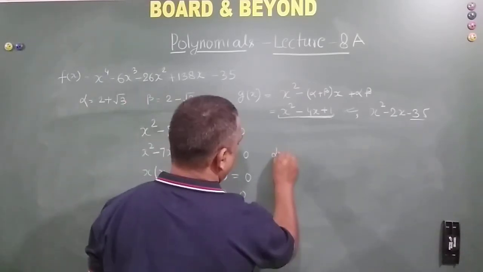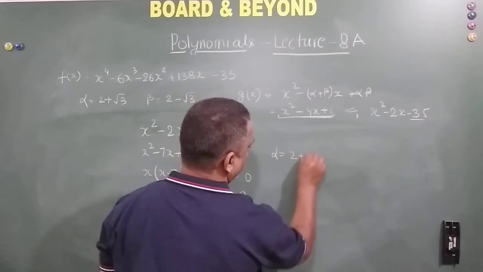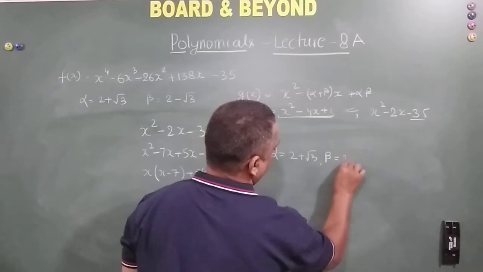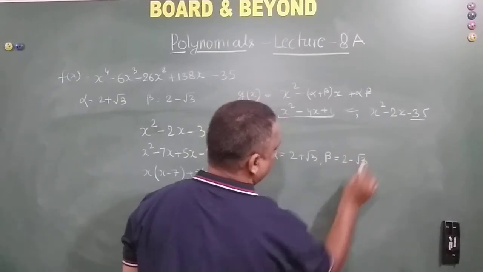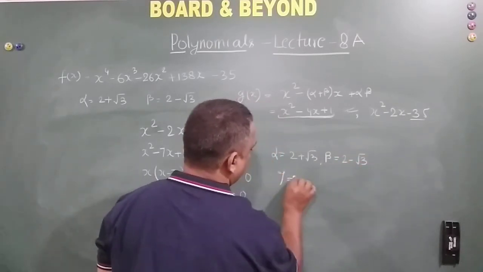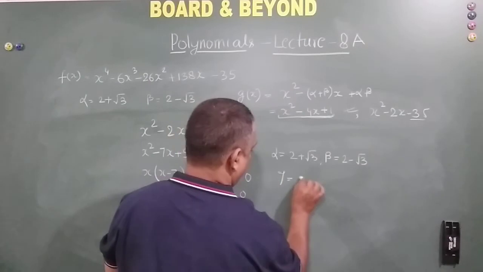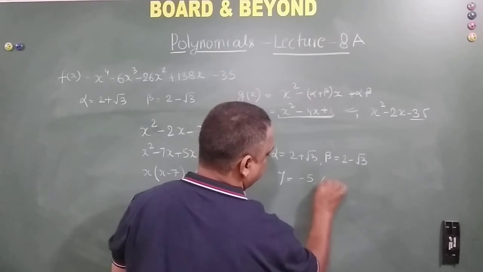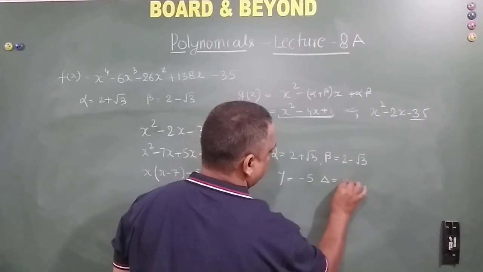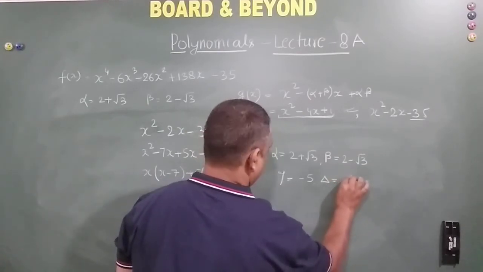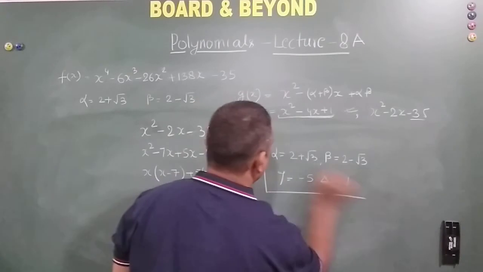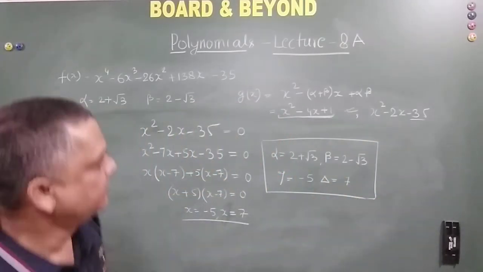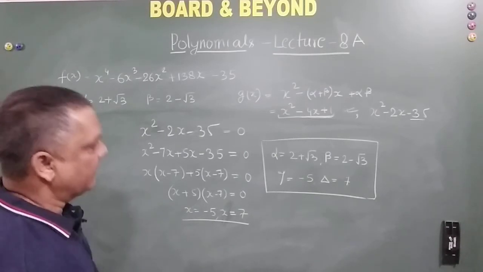Alpha is equal to 2 plus root 3, beta is equal to 2 minus root 3, gamma is equal to minus 5, and let's call delta is equal to 7. So these are the 4 roots for this biquadratic polynomial. Okay friends, let's move on to the next one.